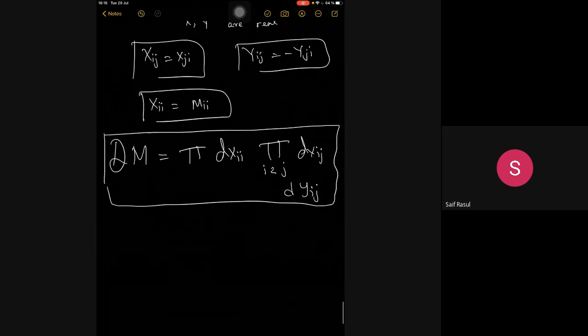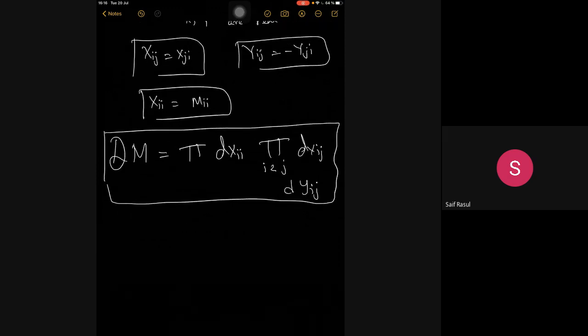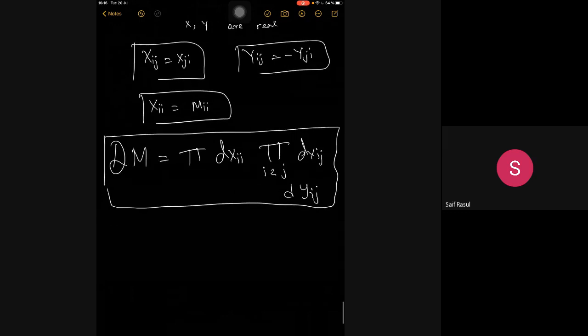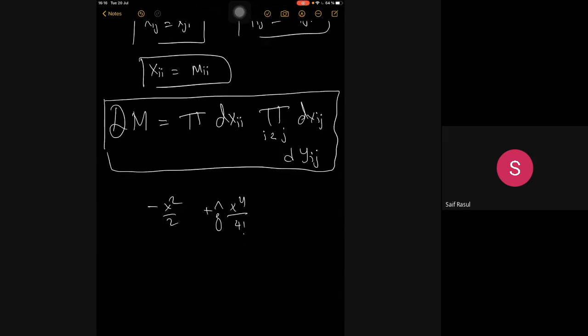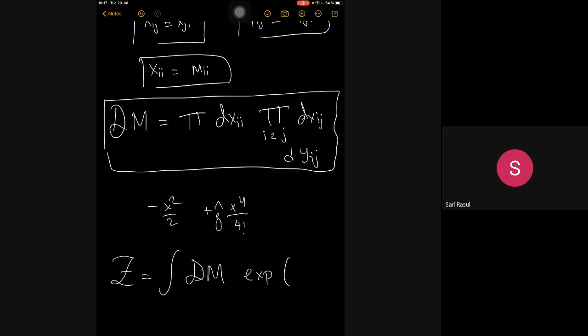Now the important question is, how will I fix my partition function? Previously it was minus x squared over 2, and if you're dealing with valent 4 graphs, it was 4 factorial. What will be in case of matrices? Since we want to generate a number, one way to generate a number out of a matrix is taking the trace over a matrix.